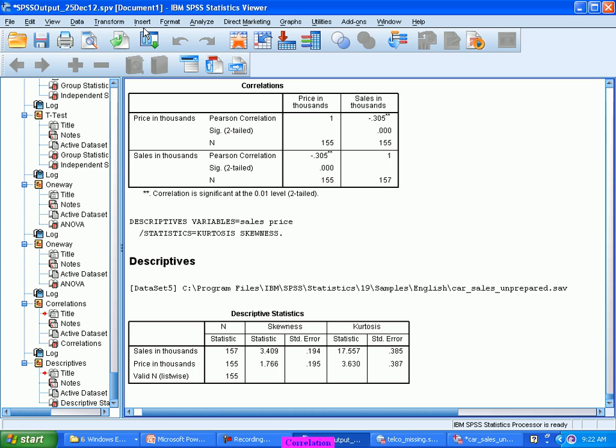Because for the last 150 records of cars I have observed, barring one or two or three, if I am able to find a very strong relationship between the sales and the price, now tomorrow any new car is introduced in the market and I know its price, I should be able to predict how much they are going to sell. So as a salesperson, I will predict how many units I can sell this year, at least for setting my own target. That analysis will be useful for me.